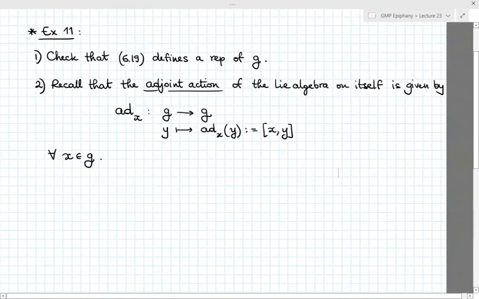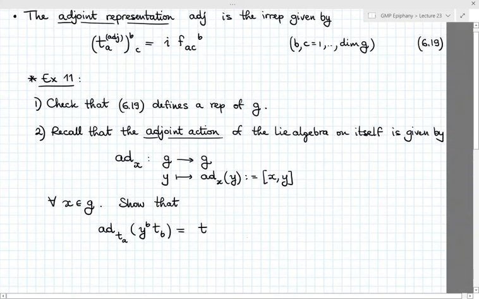And I ask you to show that if we take the adjoint action of a generator T^A on an algebra element, let me use algebra element Y, which is in a basis Y^B T_B, this is given by the generator T^A in the adjoint representation that I wrote above in equation 6.9 here, with matrix element BC times Y^C T_B.